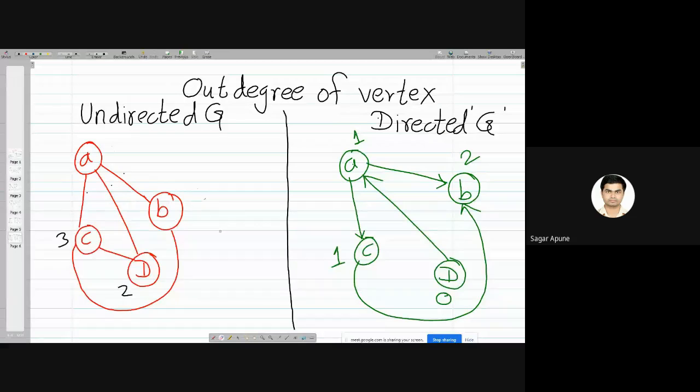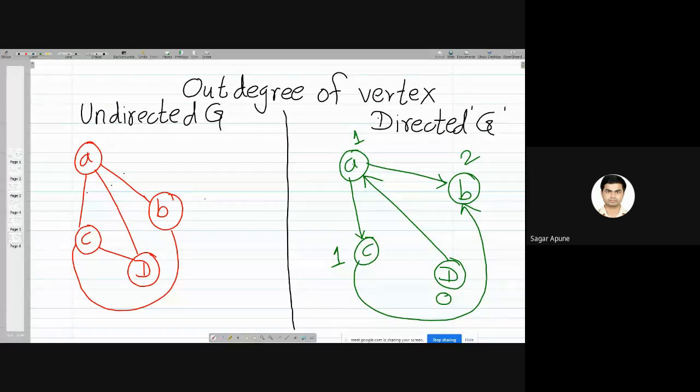How to calculate out degree? So in degree and out degree are the same in an undirected graph because there is no direction between any two vertices, right?